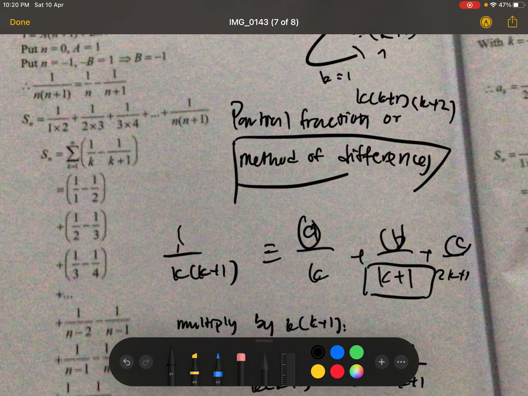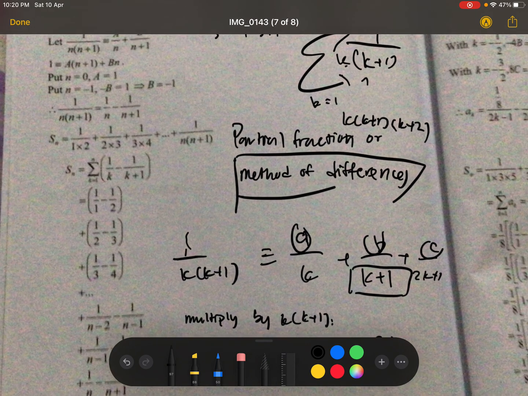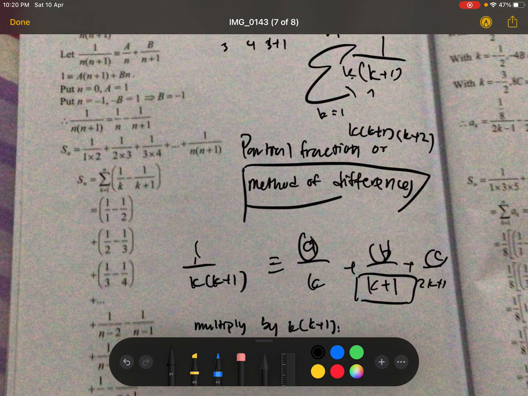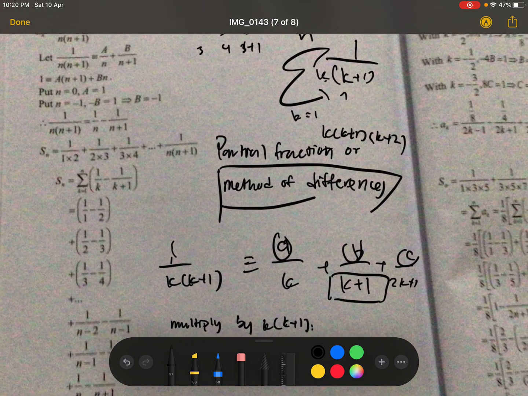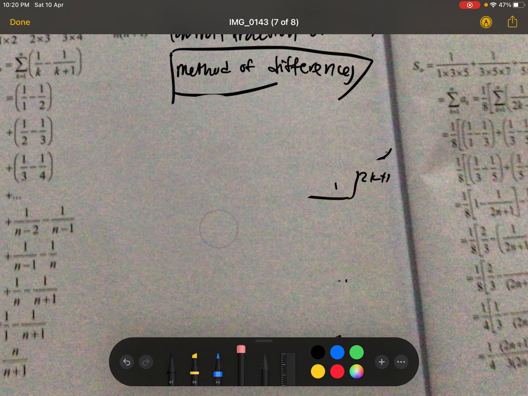But the other method that they use here is method of differences. So how do you use method of differences? First of all, you have to again write down the thing.